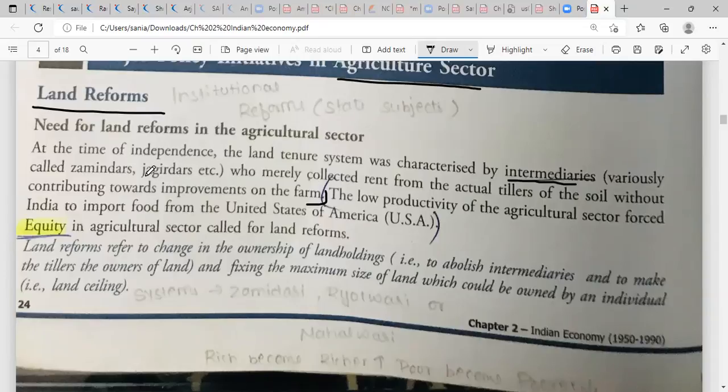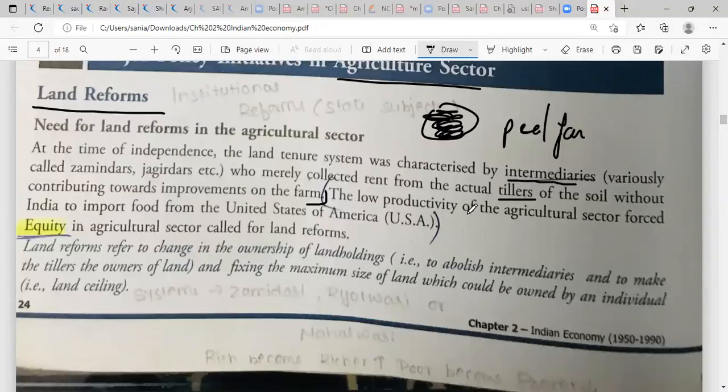And these people, the zamindars and jagirdars, used to collect rent from the actual tiller. Tillers means basically the peasants or the farmers. They used to collect tax, but they never contributed to the improvement of the farm or the agriculture sector. So this was the first reason.